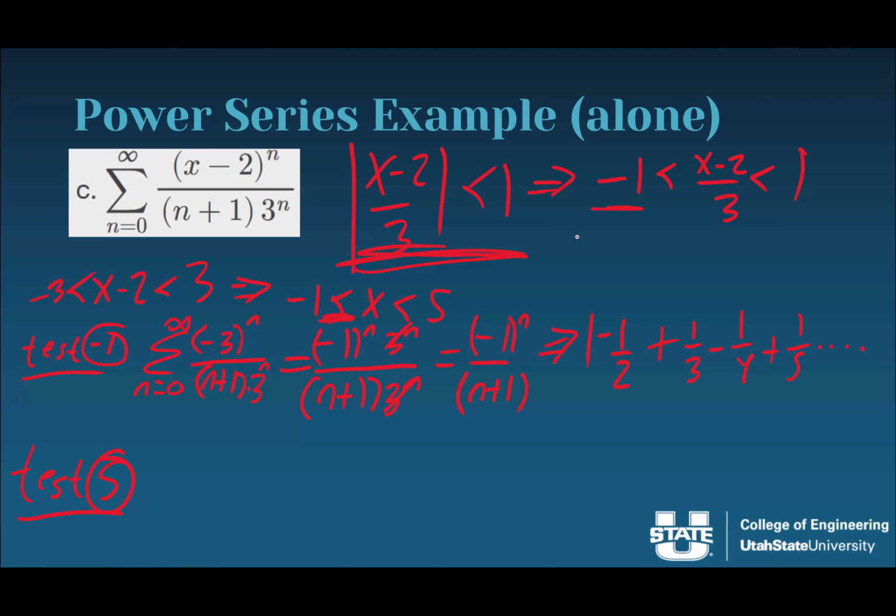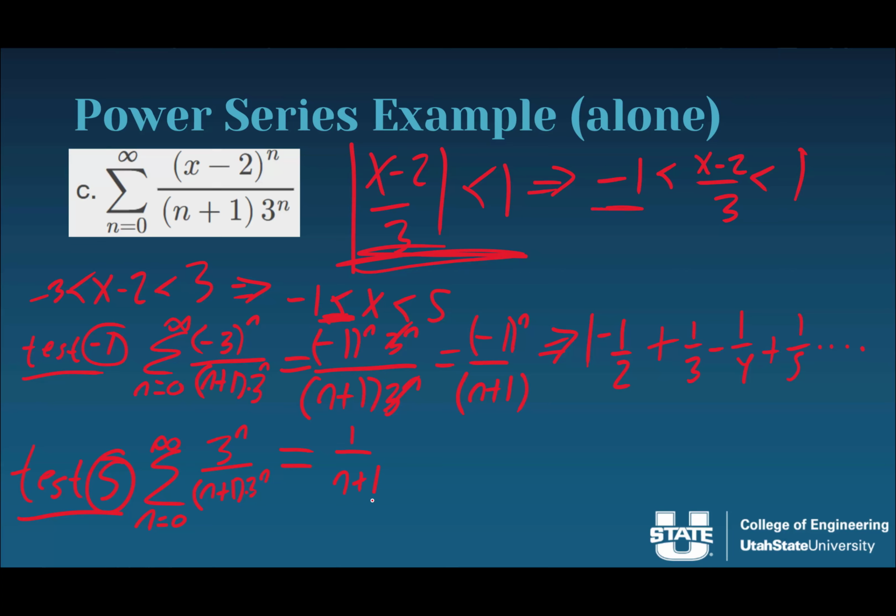We're going to have 5 minus 2, the summation from n equals 0 to infinity. 5 minus 2 is 3, so we have 3 to the n over n plus 1 times 3 to the n. Does that not equal just the summation of 1 over n plus 1?